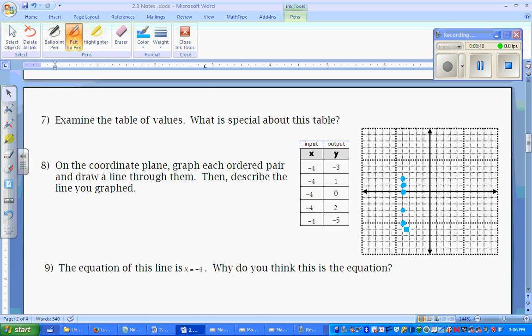After plotting the points, go ahead and draw a line connecting them. Try to use a straight edge as you connect these points so that your line is straight.